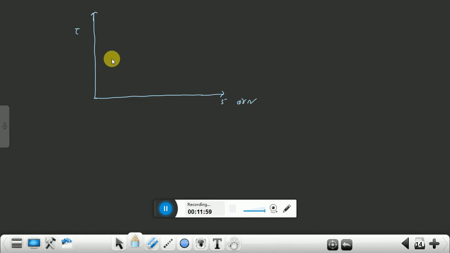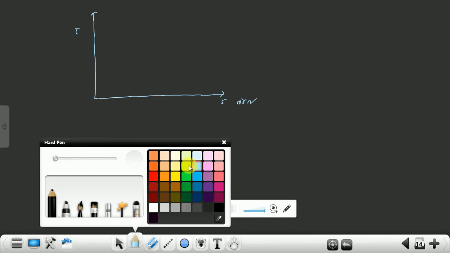So we make a plot for different rotor resistance in our induction motor.